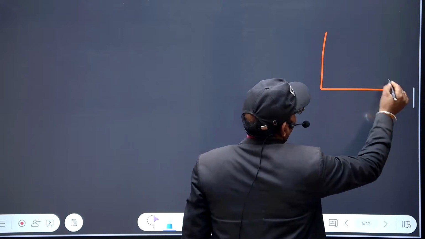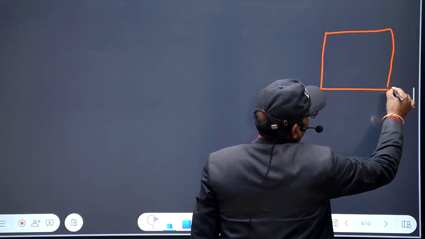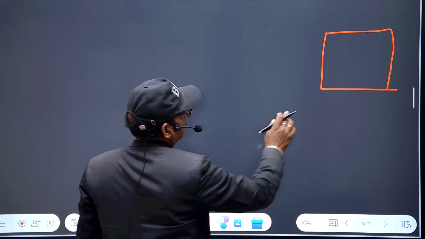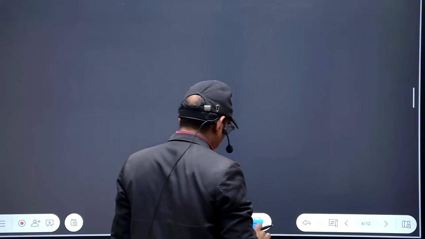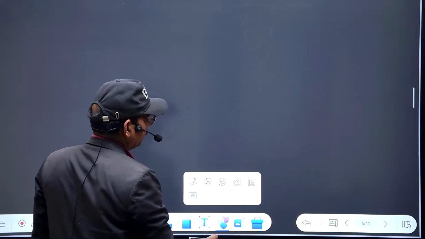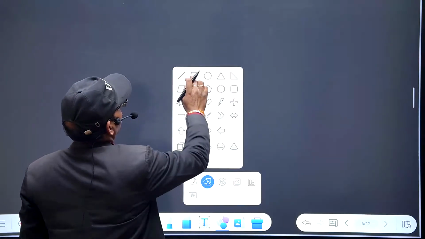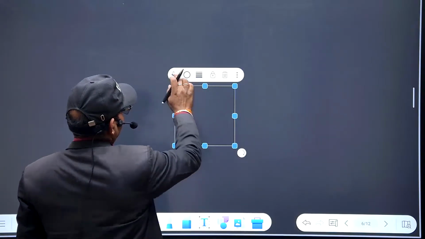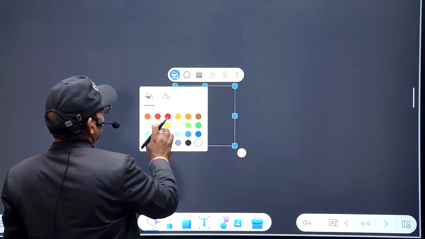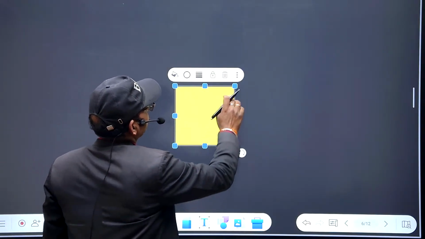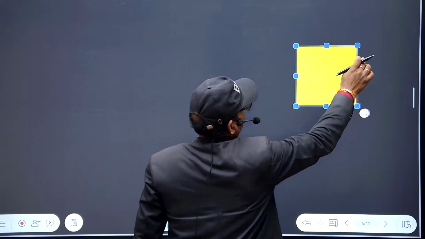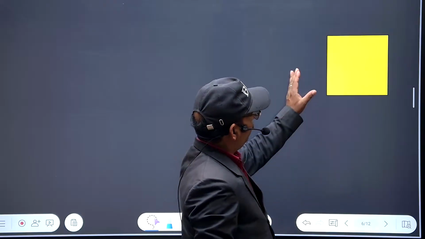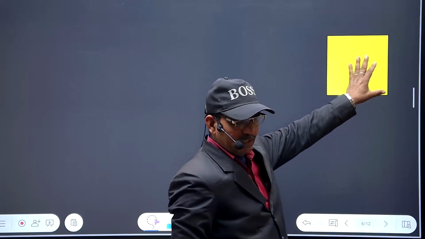Again, I will draw the diagram. That is the square, in yellow.